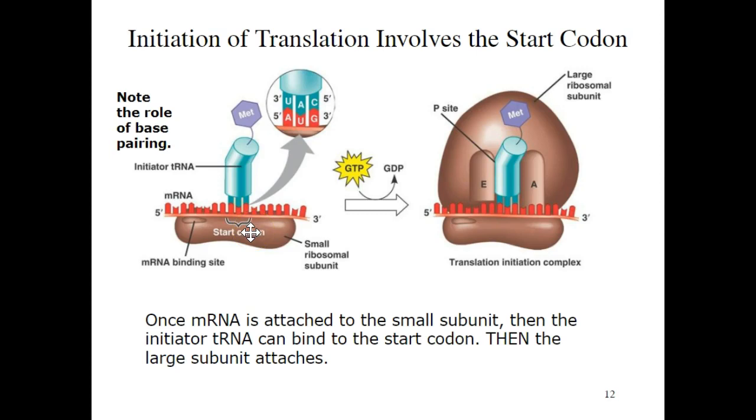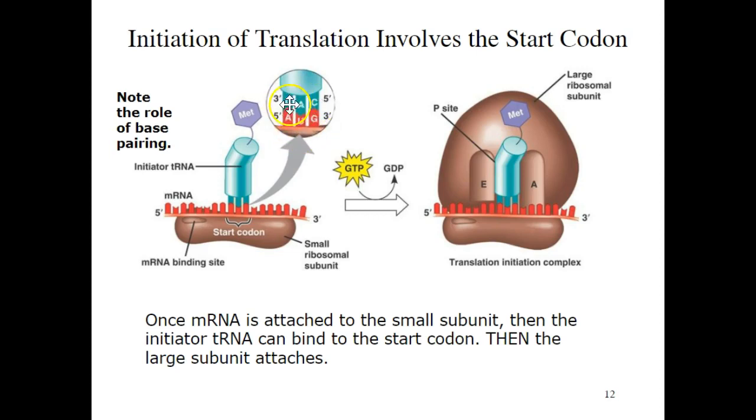Okay, now what? We've moved to the next part of the initiation of translation. And what we've got is a very unique transfer RNA molecule, and it has attached to the area called the start codon. And the start codon is always AUG, or in fact, 99% of the time it's AUG, shown in red here.